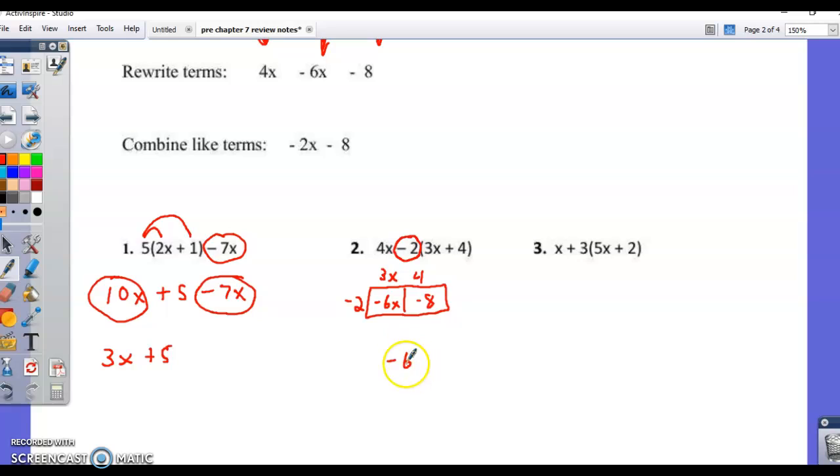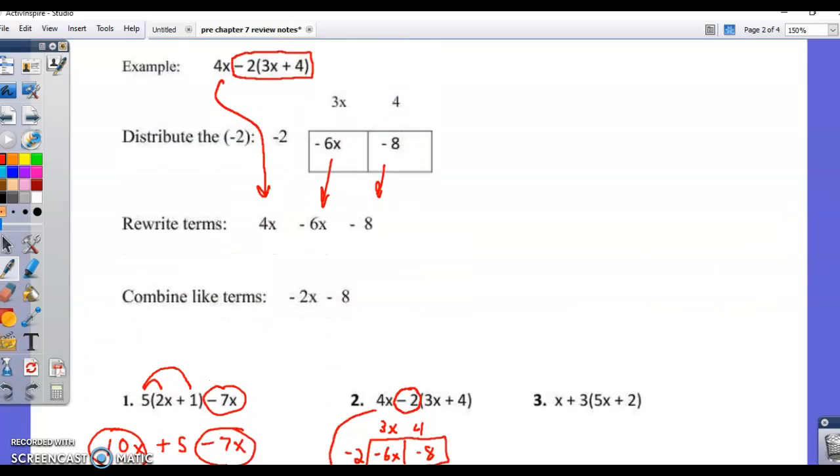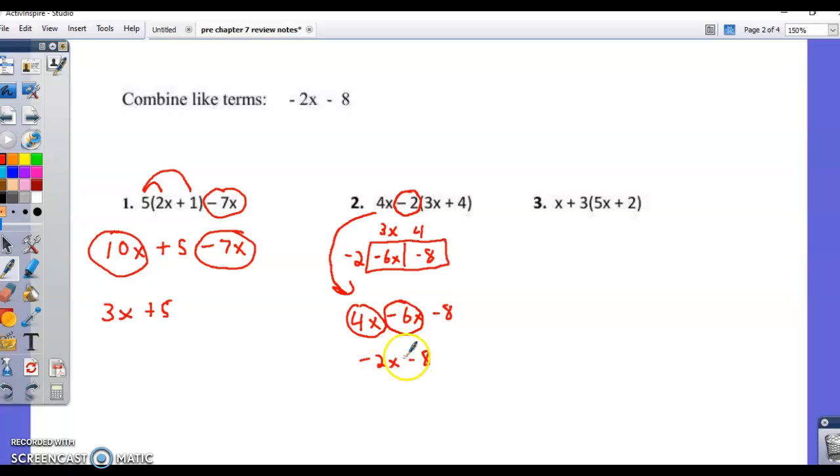So we have the negative 6x and the negative 8, and we're bringing down this 4x here. 4x is like terms with negative 6x. That becomes negative 2x minus 8. That was your sample problem. Whoops, put it twice, but anyway, you should be able to do it. So there's our 2 answers there.